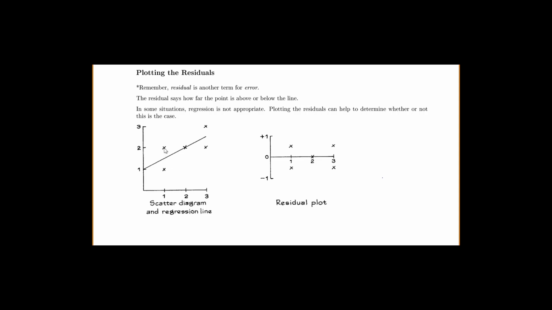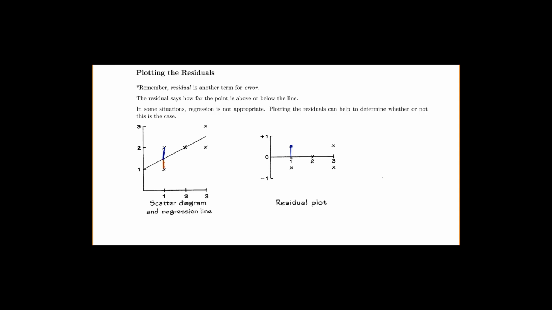For each point, so here's a point right here, you ask, how far is this point from the line? It's that far. This is my distance. Then I come over to my residual plot and go to the same x value. Here x is 1, so I go over to x is 1 and I plot the residual. Notice how these two distances are exactly the same. Then I go to my next point and say, it's this far from the line.